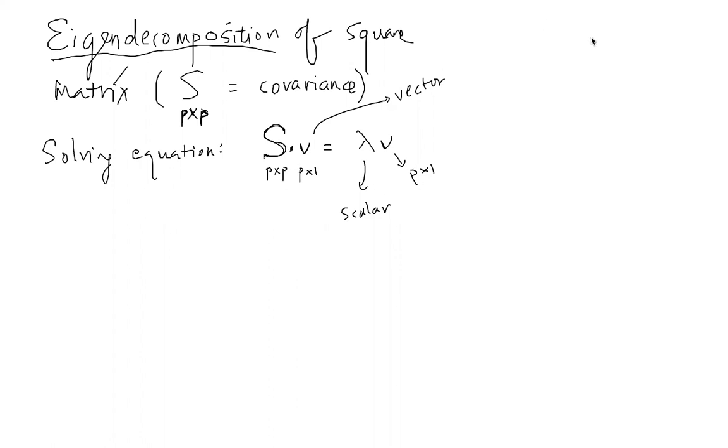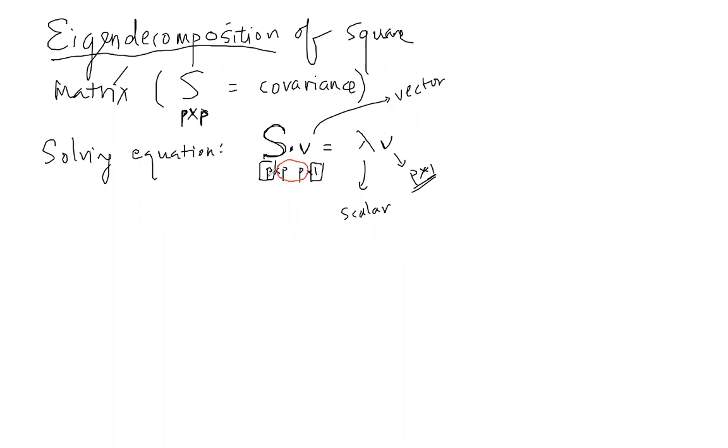So the second dimension of the first matrix must be the same as the first dimension of the second matrix. Once you do this product, the dimension of the product will be the first dimension and the second dimension, so it will be P times 1.